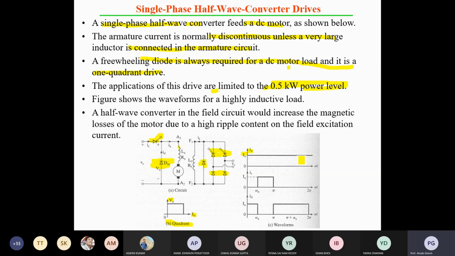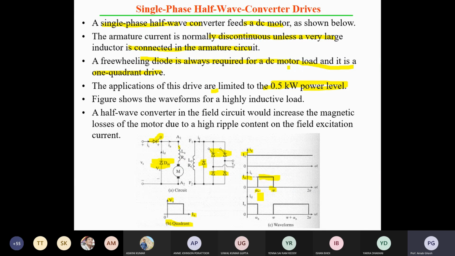Alpha is the firing angle. Before the gate pulse there is no voltage, so no armature current. IA comes only after the gate pulse is given. This is the single quadrant operation of your half wave converter.